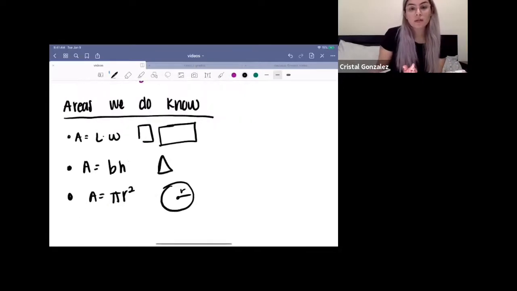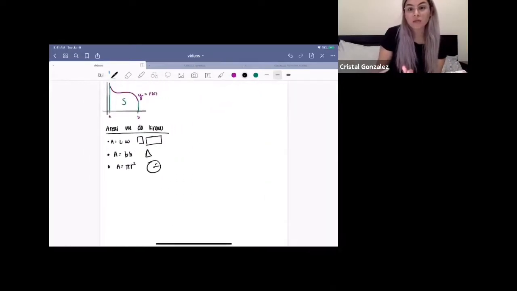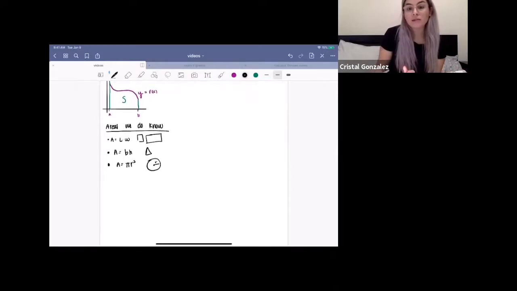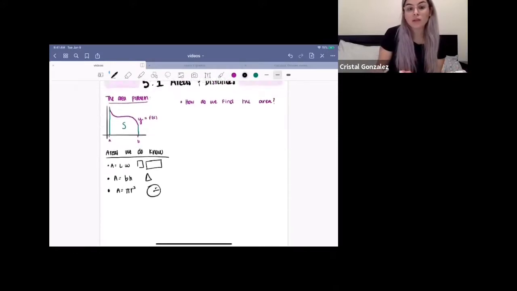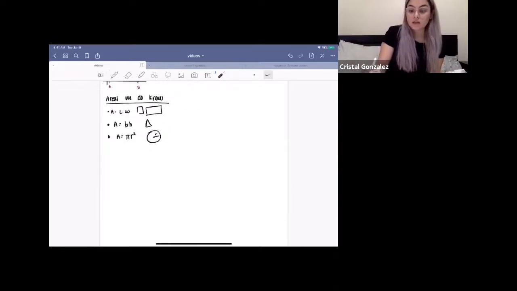But for now, how did they approximate it? Because math has been around for a while, and I want to know how they did this. And so what they did is they used the areas that they knew to their advantage in order to approximate an area like this. So let's do a quick example, and then we'll finalize these formulas in just a second.